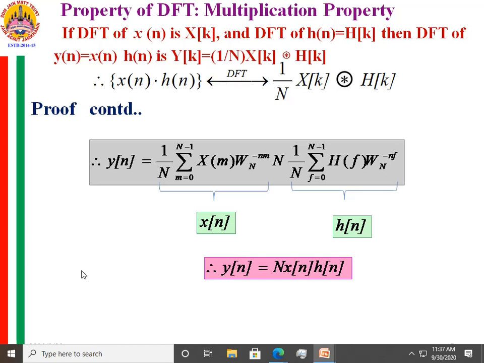So have you got this? Are these proofs clear to you?